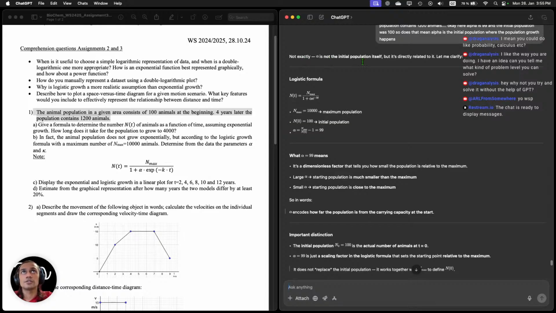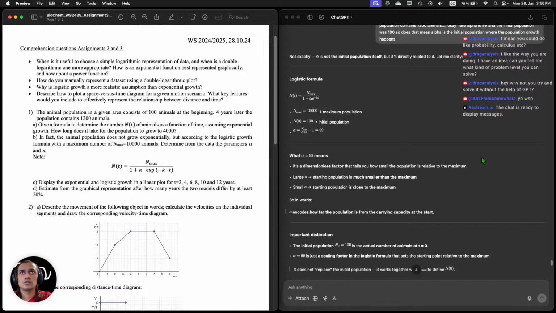Not exactly. Alpha is not the initial population itself, but it's directly related to it. 9900. It's a dimensionless factor that tells you how small the population is relative to the maximum numbers. Max is 10,000.